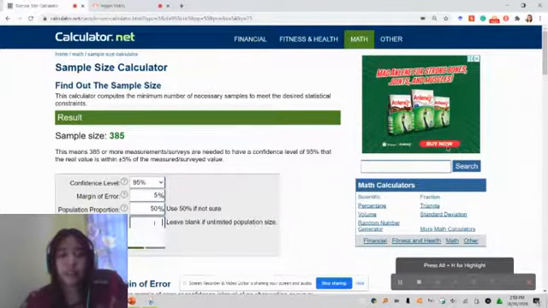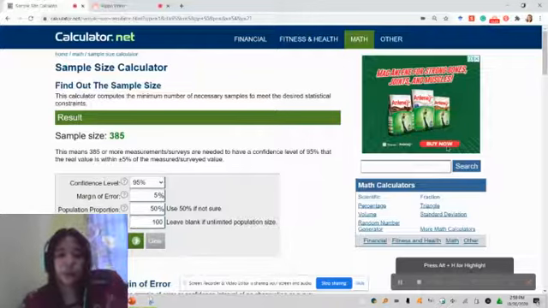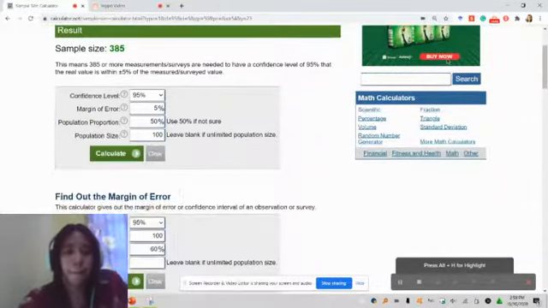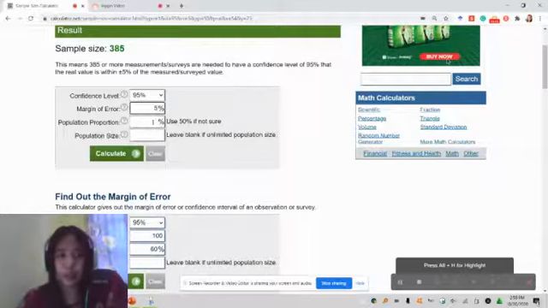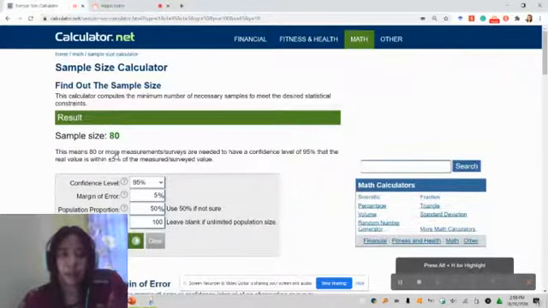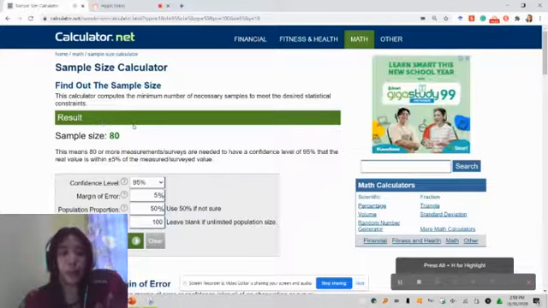But if you have, for example, an idea that the population is only 100, then calculate again. Let's set it to 5%, 50%, and population of 100. Then click calculate. It is equal to 80.